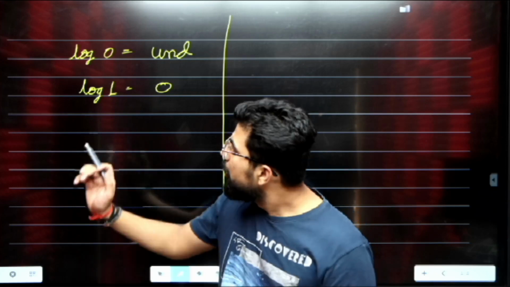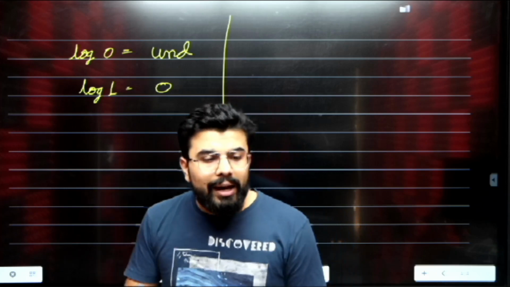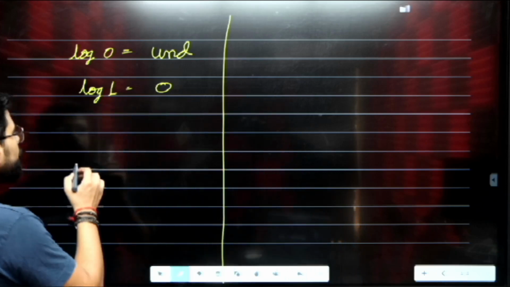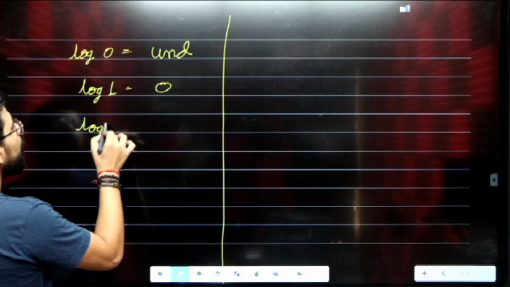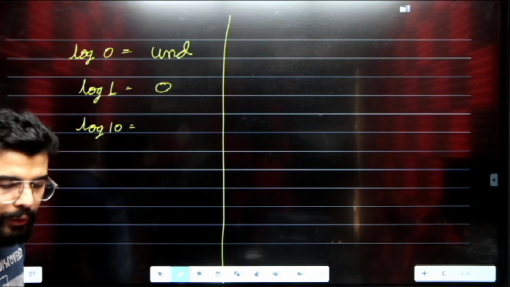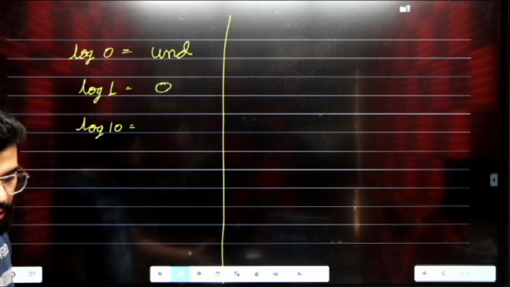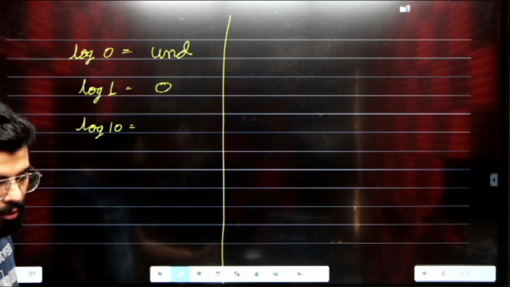Are you getting my point? So try to solve right now. What is log 0? What is log 1? What is log 10? Try to solve it right now. Now tell me, what is log 10? Do it as I told you. Yes, 13 times root minus 1 into 2.27695.